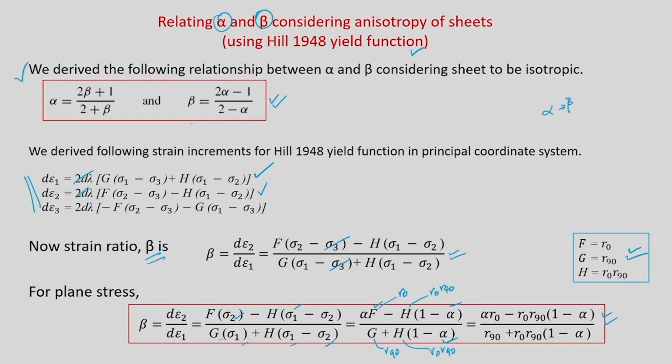Beta is nothing but alpha R0 minus R0 R90 into 1 minus alpha divided by R90 plus R0 R90 into 1 minus alpha. Right, very simple equation.